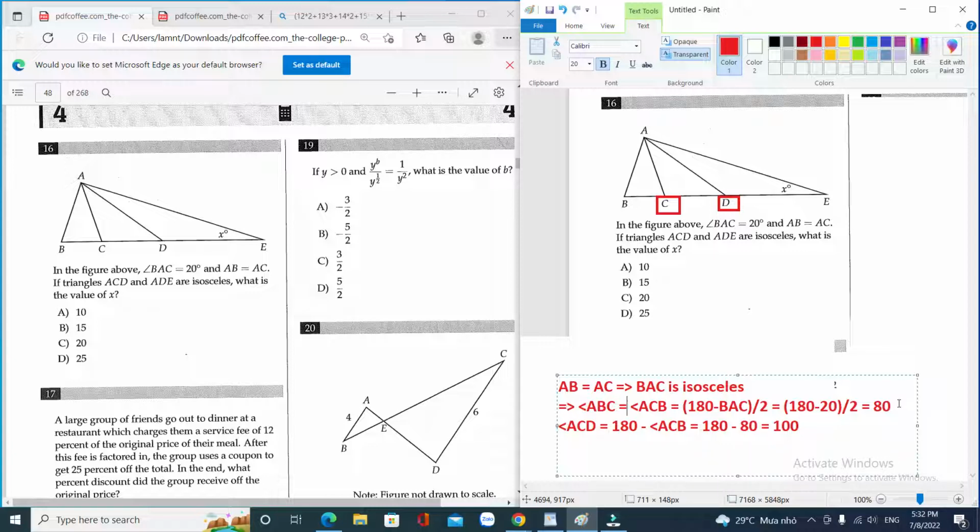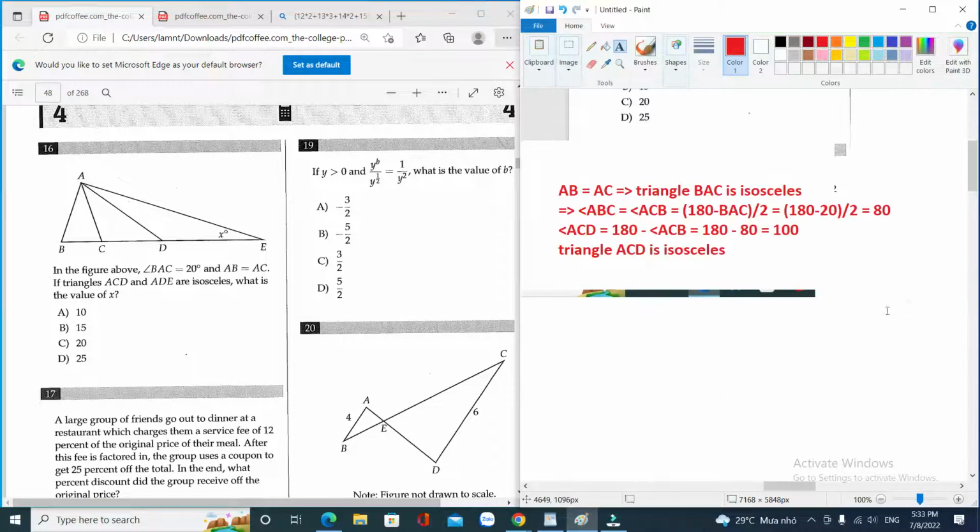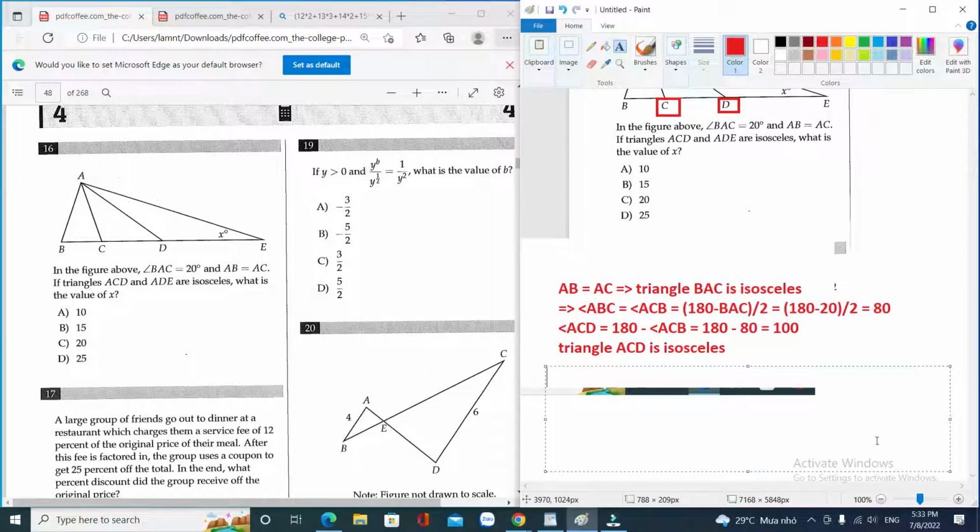So this should be a triangle here. Okay, because triangle ACD is isosceles at C, so we can deduce that.